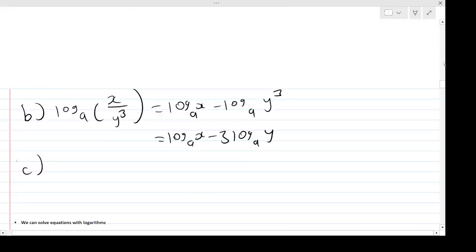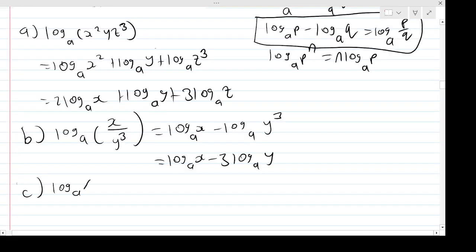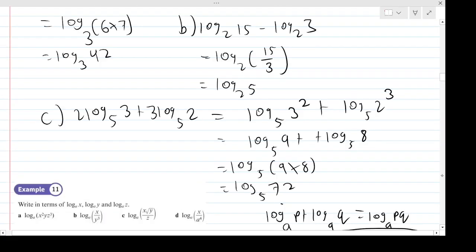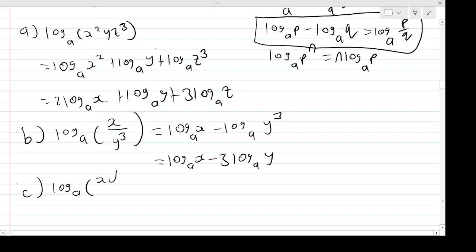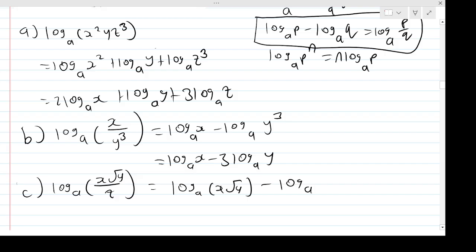Part C, we have log a of x root y over z. Again, I've got a fraction, a quotient in a log, so I can split that up. The numerator is log a of x root y, then take away the bottom, log a of z.